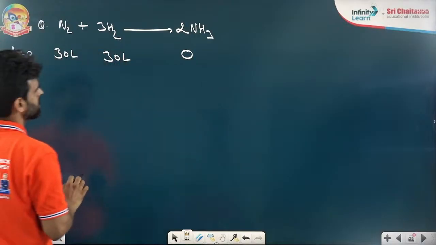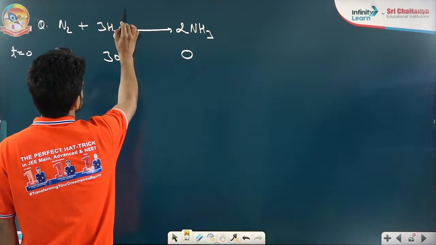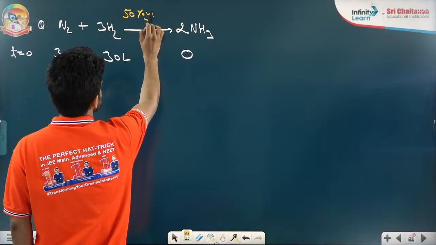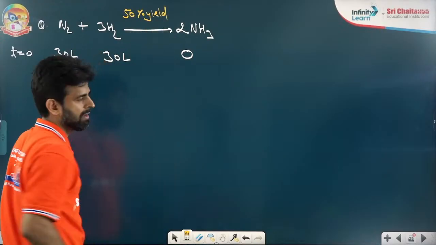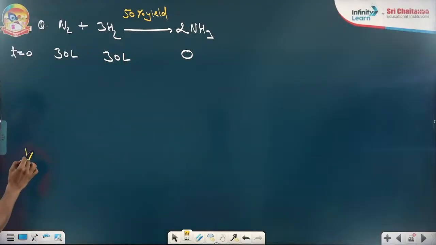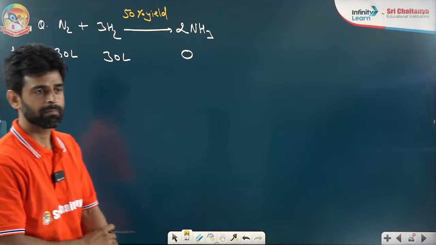So the question is, this reaction is giving us only 50% yield. You have to give me the answer: volume of ammonia formed actually.